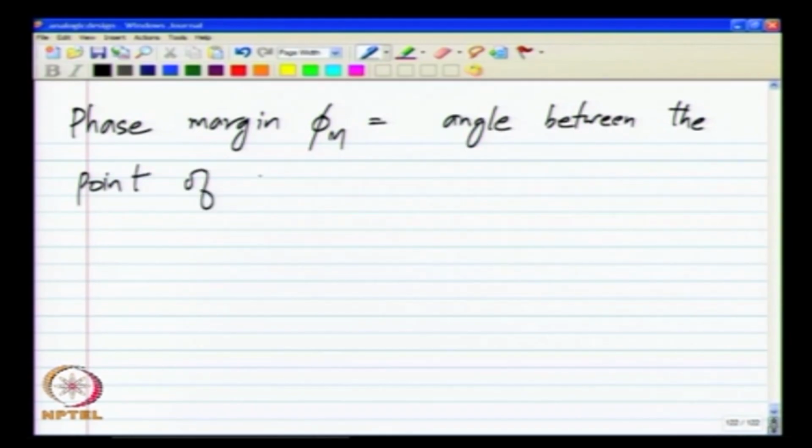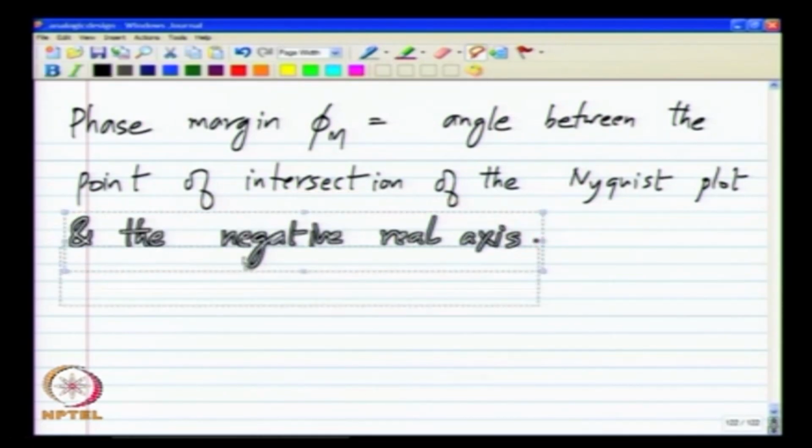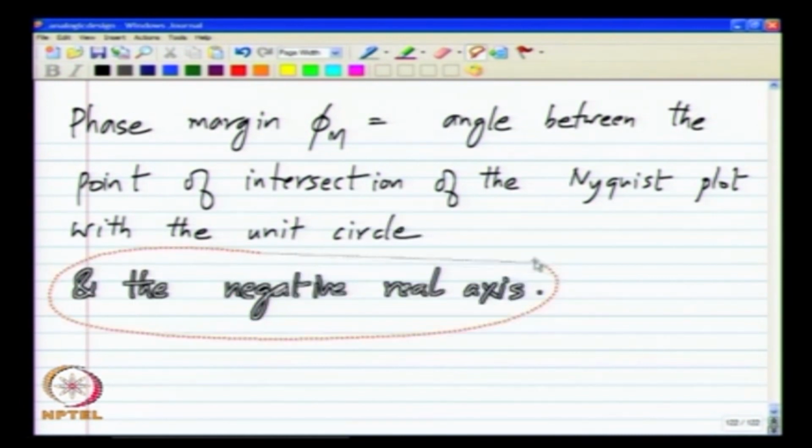It is the angle between the point of intersection of the Nyquist plot with the unit circle and the negative real axis. Okay.